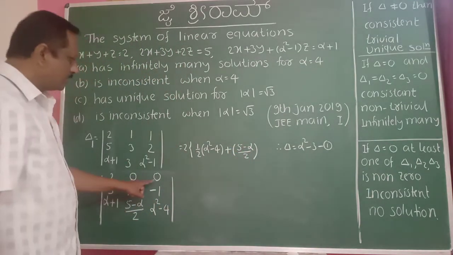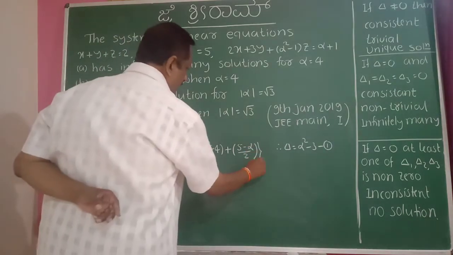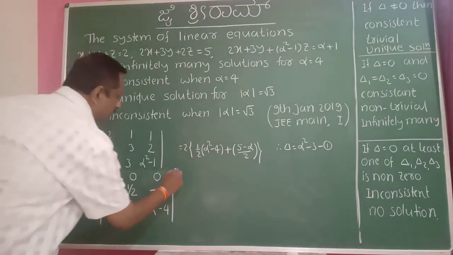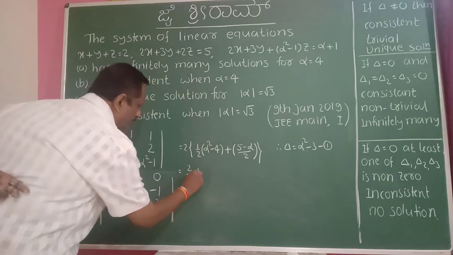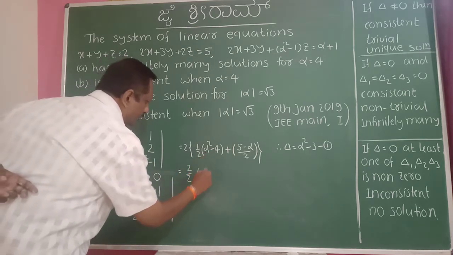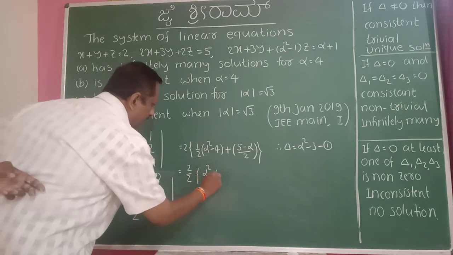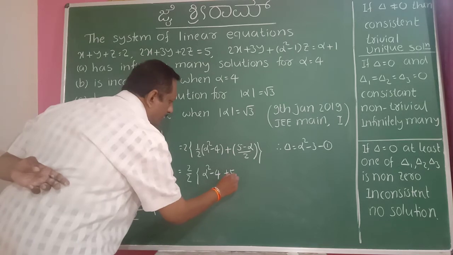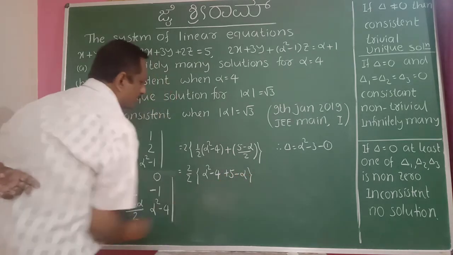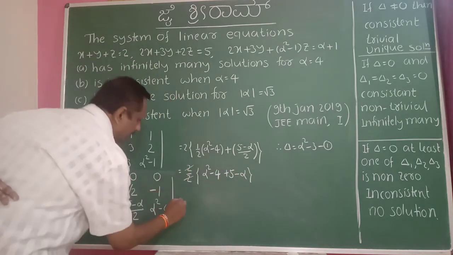The next two terms are zeros, so keep as it is. Therefore this is equal to, we can take 1 by 2 common: 2 divided by 2 into the bracket alpha square minus 4, plus 5 minus alpha. This 2 and this 2 cancel.